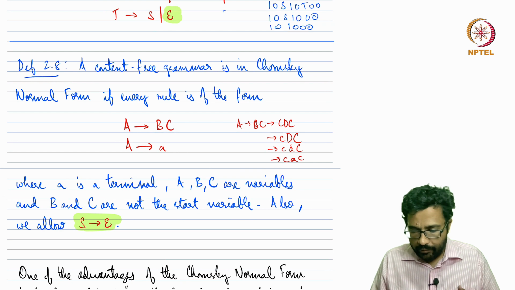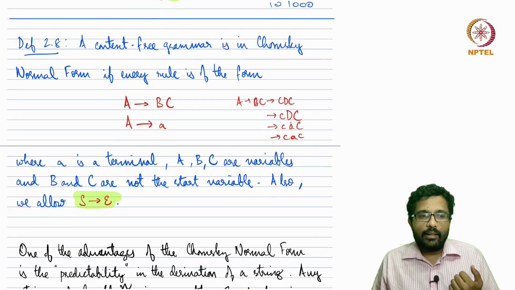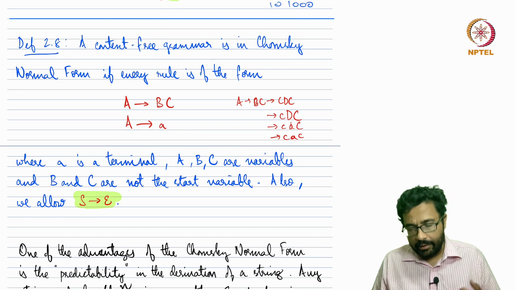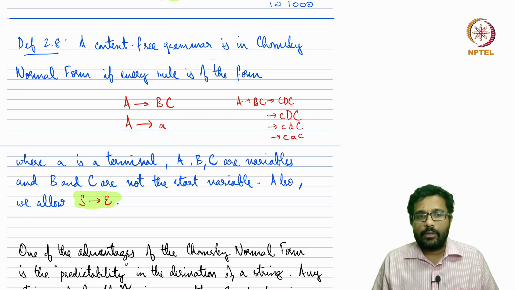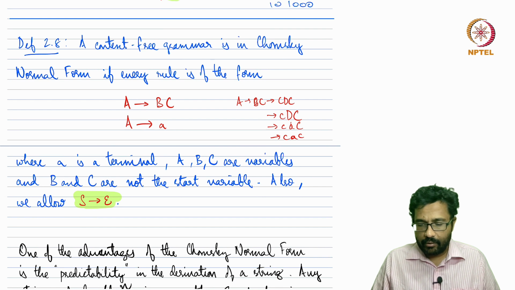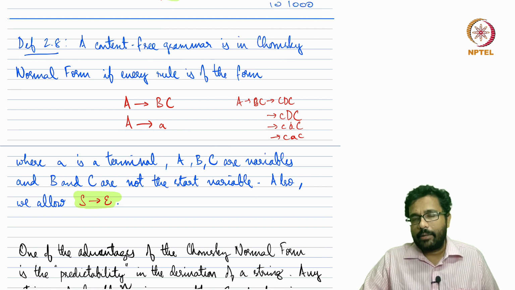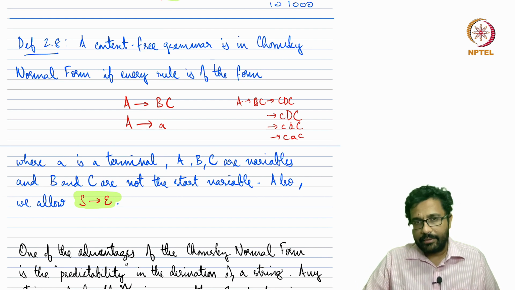And we showed that this is still general in the sense that any context-free grammar can be converted into Chomsky normal form, as an equivalent context-free grammar that satisfies these structures.